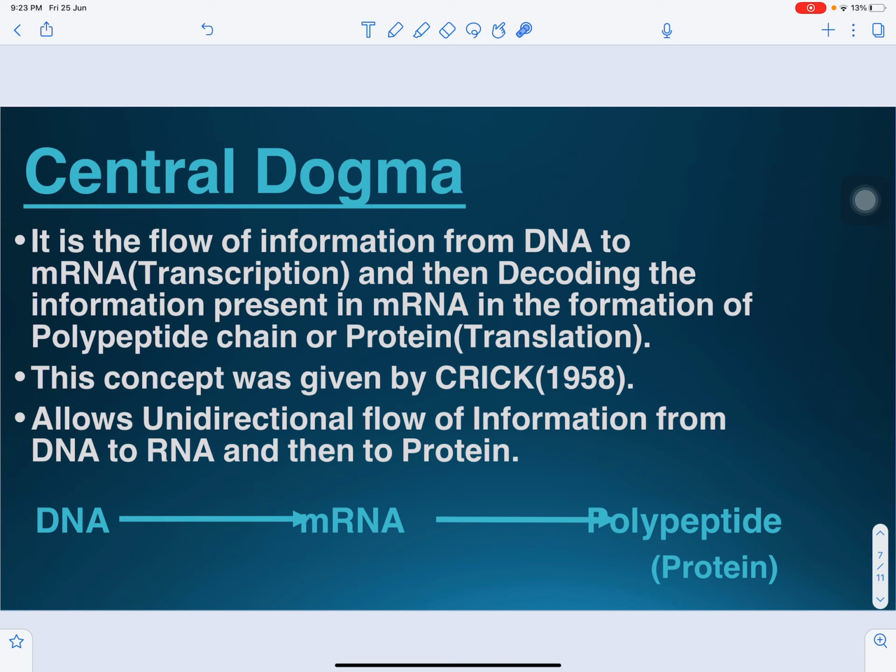So we can say there is unidirectional genetic flow of information from DNA to protein. So hereditary information or hereditary characters have been transferred with the help of messenger RNA to the protein. So this is called unidirectional flow of genetic information from DNA to RNA and then to the protein. This is also called central dogma. This concept was given by scientist Crick in 1958.